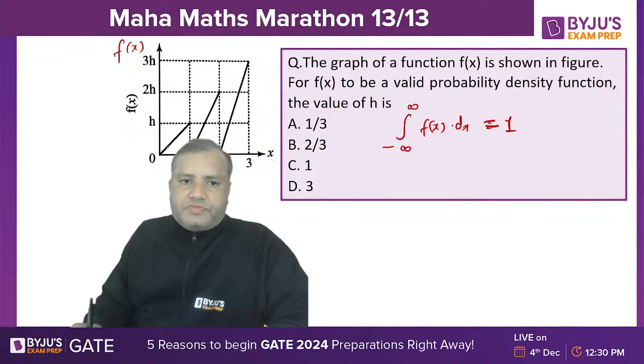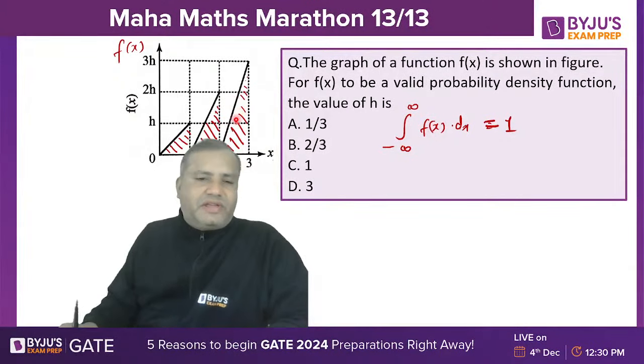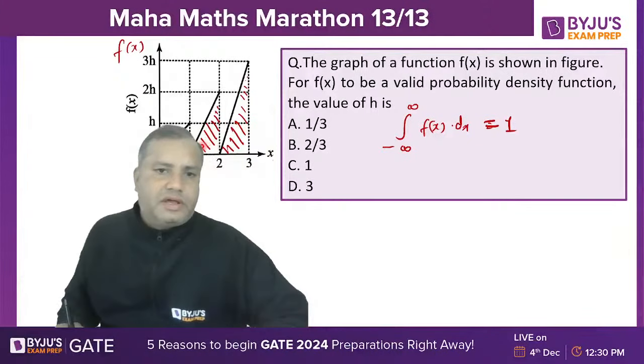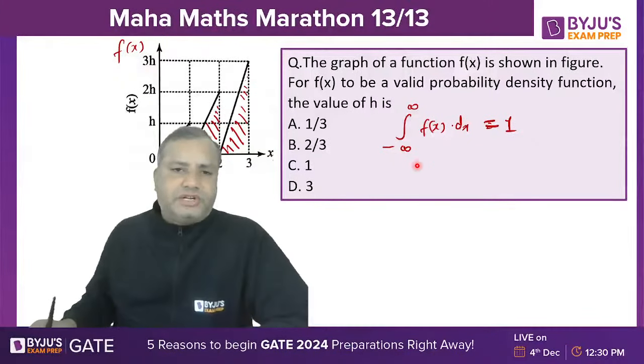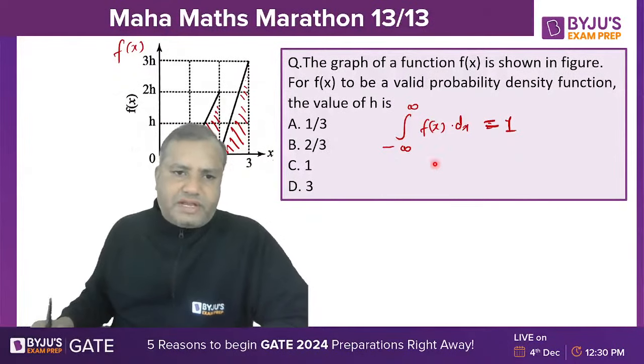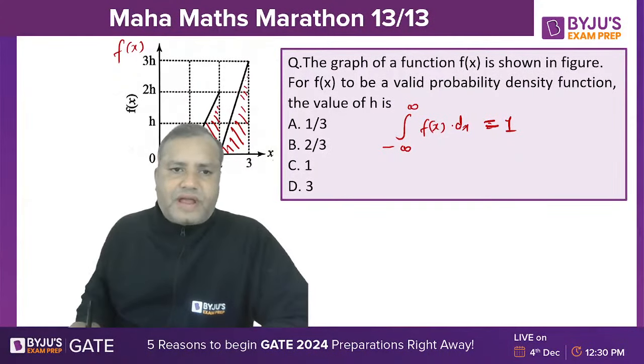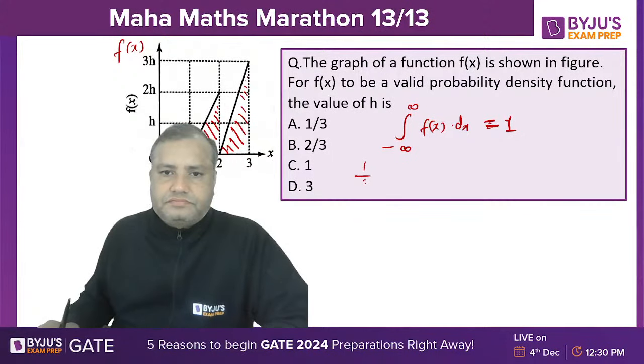So students, your density function curve is nothing but these three triangles. And to calculate the area of a triangle, it does not rely on the integration process. We just calculate the area of a triangle by half base into height. But it's the same thing you will get here. So the first triangle has base 1 unit, height h. So half base into height.